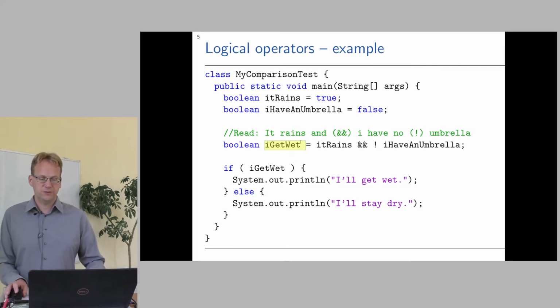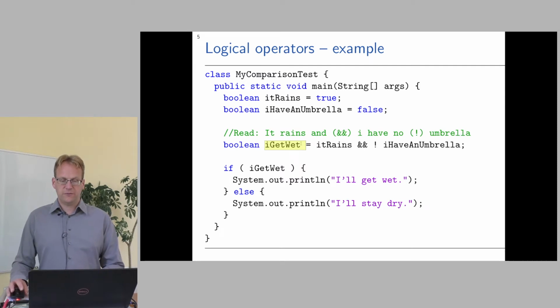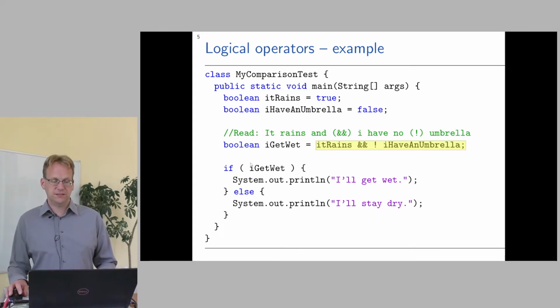Okay, how can I compute whether or not I get wet? If it rains and I have no umbrella, then I get wet. And in all other cases, I stay dry. So that means now I can output my current state as follows.